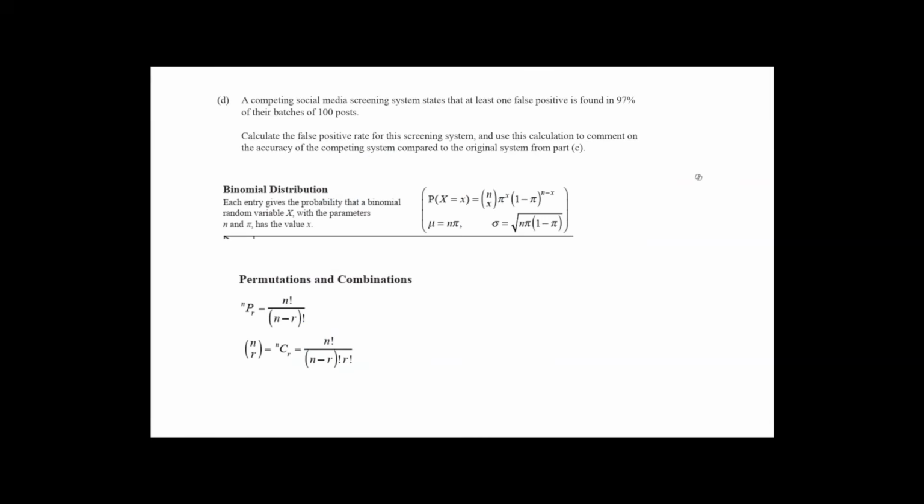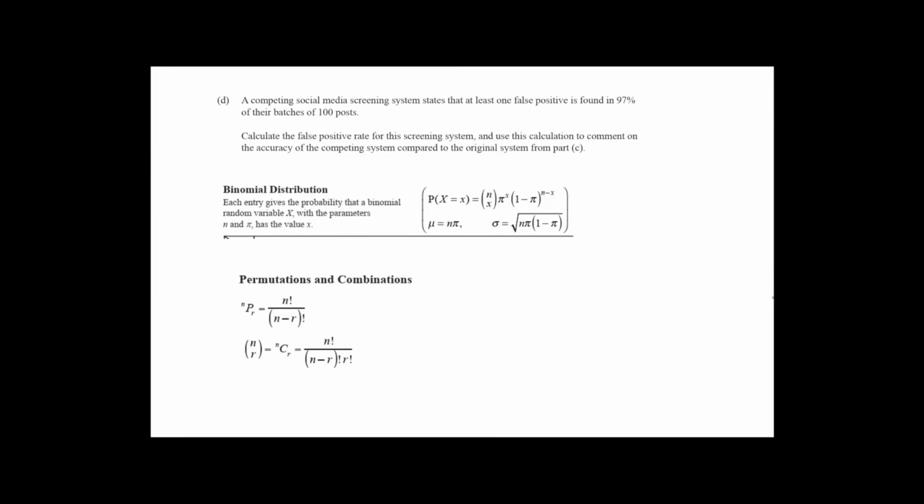Last question of the exam. The competing social media screening system states at least one false positive is found in 97% of the batches of 100 posts. Calculate the false positive rate for the screening system and use this calculation to comment on the accuracy of the competing system compared to the emerging system from part C. So this is a really quite involved question.